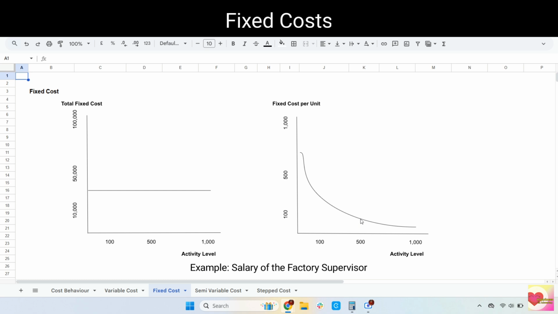It means that the salary of the factory supervisor is being spread over the number of units produced. So the higher the activity level is, the lower is the fixed cost per unit. These two graphs both pertain to fixed costs, but again, pay attention to whether you are comparing the total or the per unit fixed cost to the activity level.